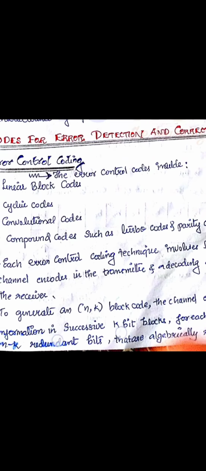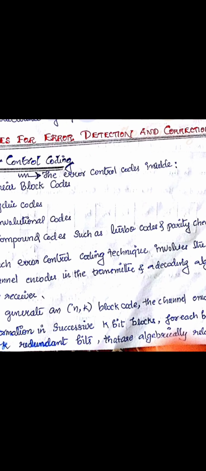So the encoding part is done to produce an n-bit code word. The channel encoder is used for encoding. It accepts information, that is k bits, from the source.